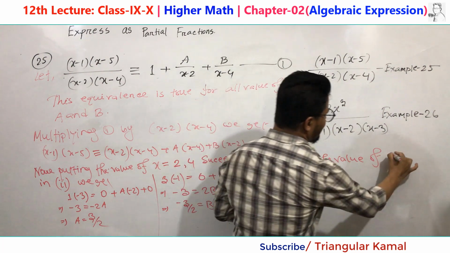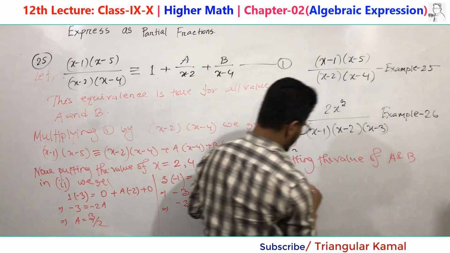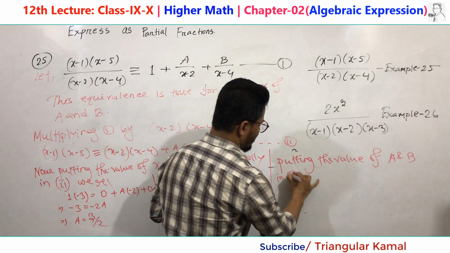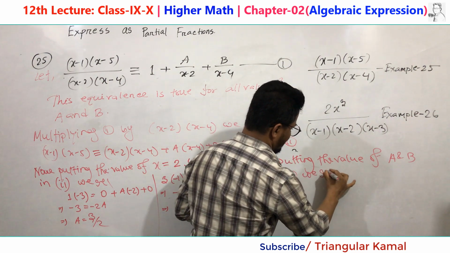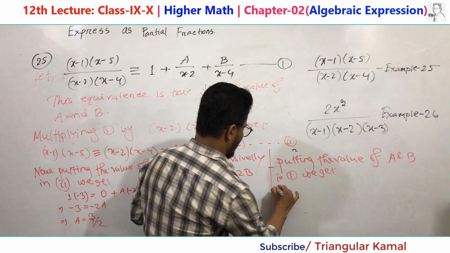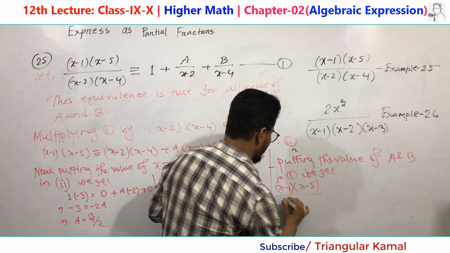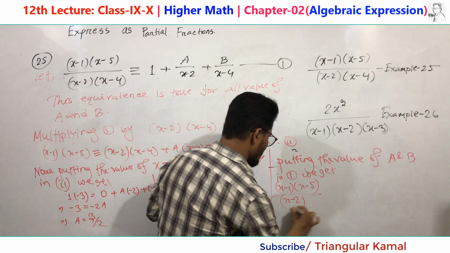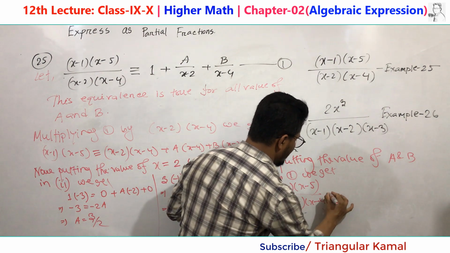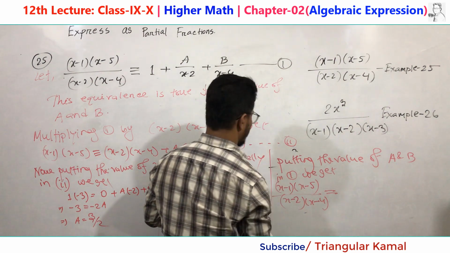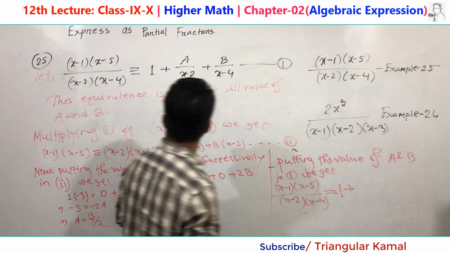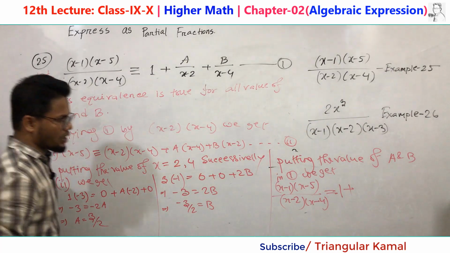Putting the value of A and B in 1, we get x minus 1, x minus 5 over x minus 2, x minus 4 equals 1 plus A, A equal to 3 by 2.